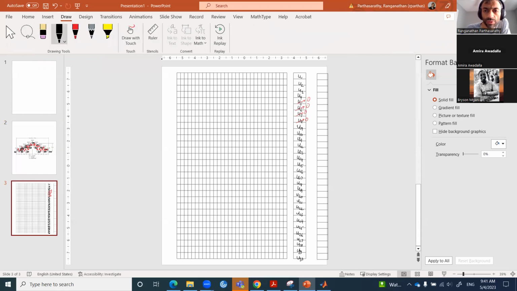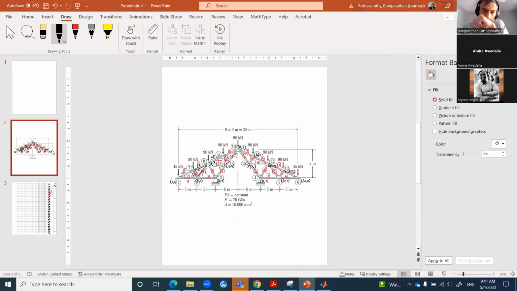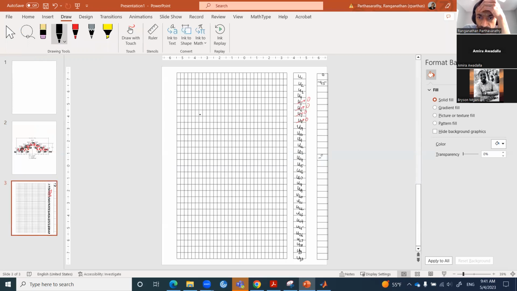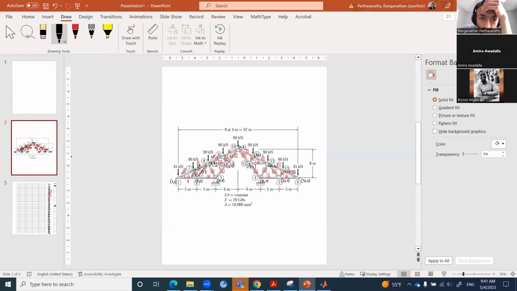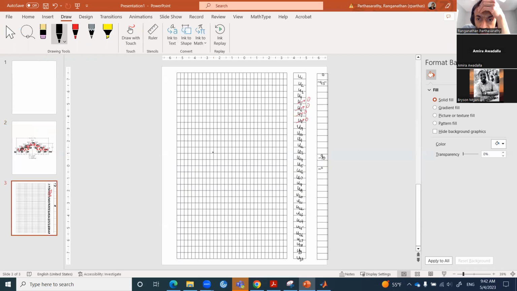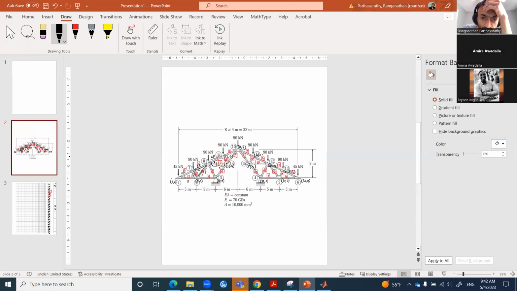And F4 is negative 45. Then F14 is negative 90. Then F16 is negative 90. Then F18 is negative 90.